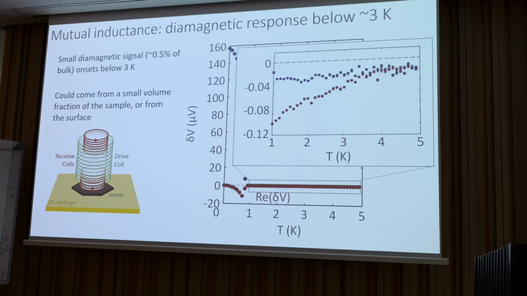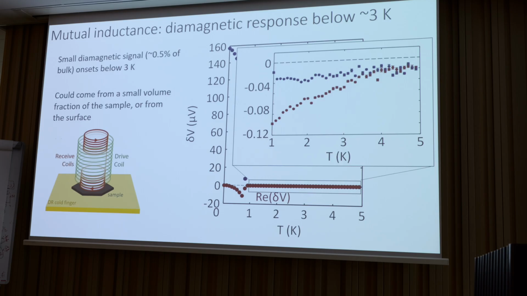However, if you look carefully and zoom in on this data, there is a change that onsets at around 3 Kelvin, where we start to see something that looks like a diamagnetic response. We believe that this coincides with the temperature at which we see the STM spectra. So we think that this indicates that either a small volume fraction of the sample or the surface becomes superconducting. If you combine this with the STM, we think this points to the surface.